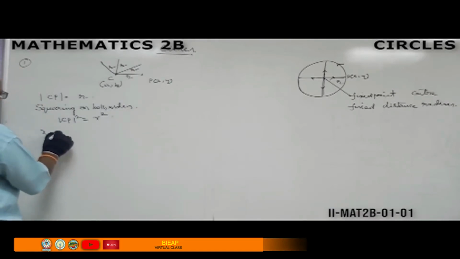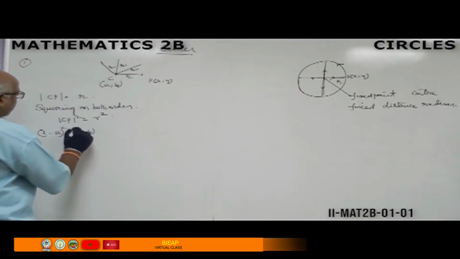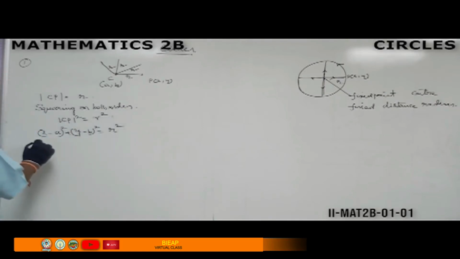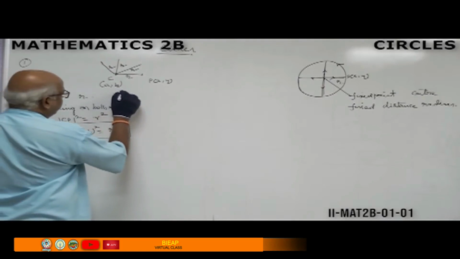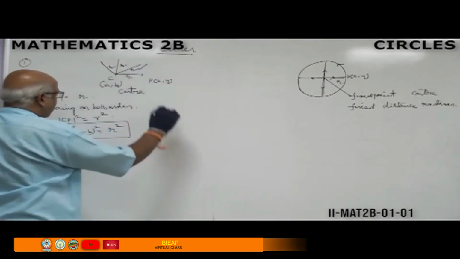What is CP square? (x minus a) whole square plus (y minus b) whole square equals r square. We can take this as a formula for finding the equation of the circle when the center coordinates are (a, b) and the radius is r.